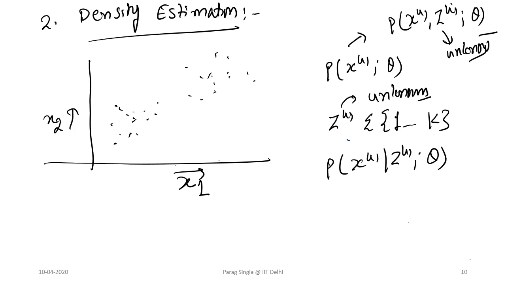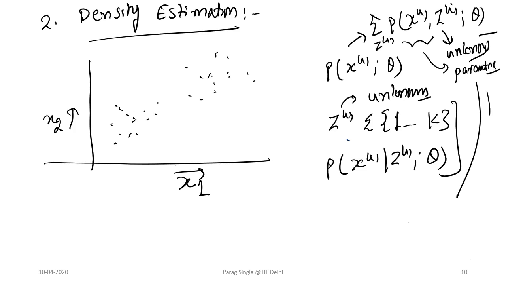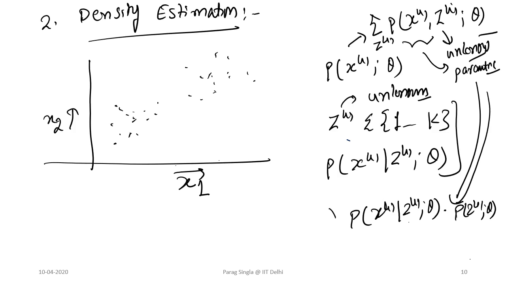Therefore, we have to marginalize over these zi's to get the probability of xi parameterized by theta, and this will be coming from some parametric form. For example, in the case of GMMs this could be expressed as probability of xi given zi, theta, times probability of zi parameterized by theta, and of course we would sum over all zi's.